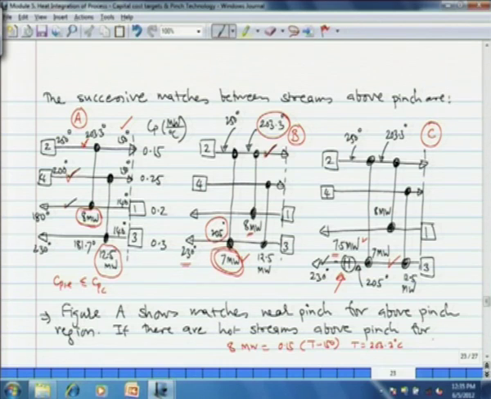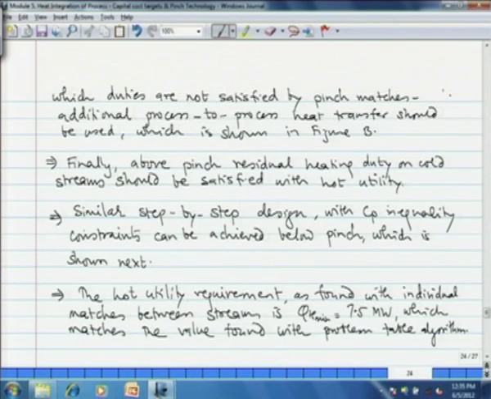This means that in the above pinch region, we have essentially 1, 2, 3 and 4 exchangers. That was above pinch region.